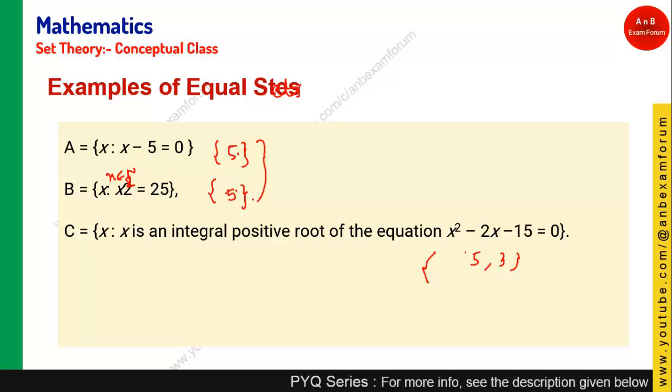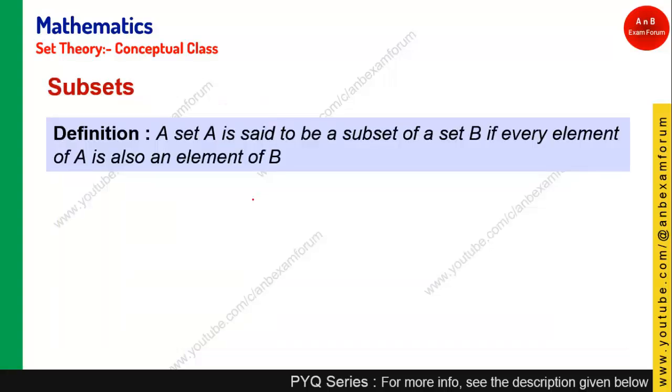Let's see the next set, that is subset. A set A is said to be a subset of set B if every element of A is also an element of B. We will try to understand this subset concept with the help of examples in the upcoming slides. For the time being, just remember this symbol denotes subset. A is a subset of B. What does this mean?